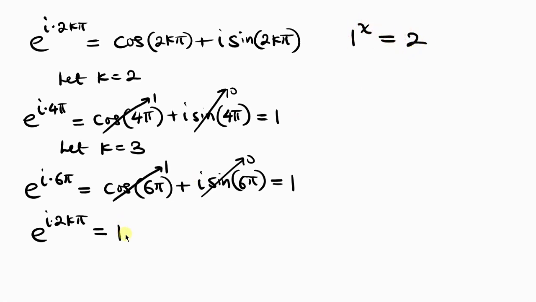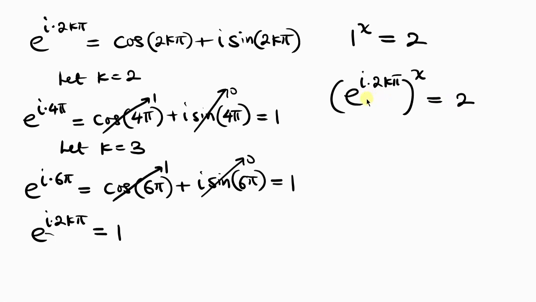Now we're going to be substituting e to the i times 2k pi for 1. That means wherever I see 1, I'm going to be substituting this. So let's do that. You notice we have 1 here. I'll be putting e to the i times 2k pi. And remember, this one is raised to the x. So I'm going to be raising this expression to the x equal to 2.